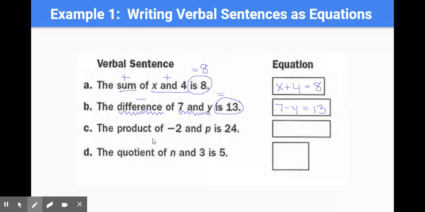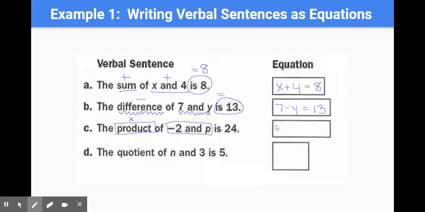Problem C. This says the product of negative 2 and p is 24. Product is another key word, and product tells me I should be using multiplication. I'm multiplying negative 2 times p. Now, when you write your equation, do not use x to represent multiplication, because now we're getting into algebra, and x is going to be a variable.